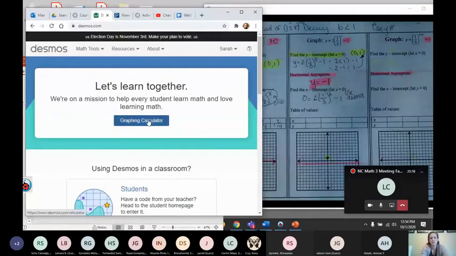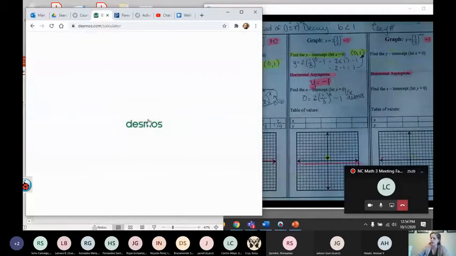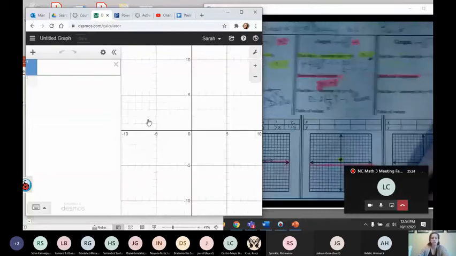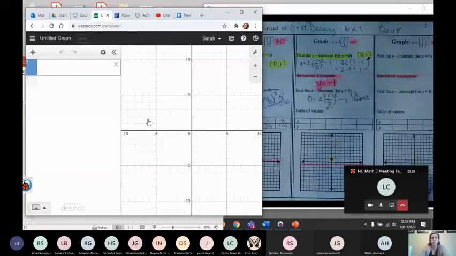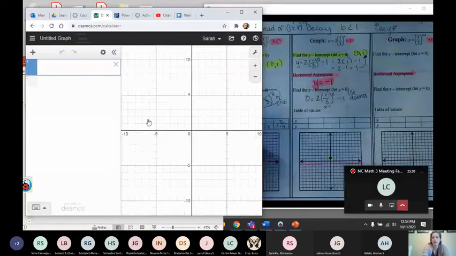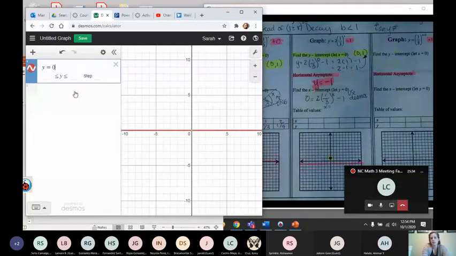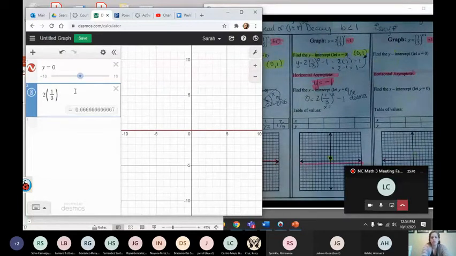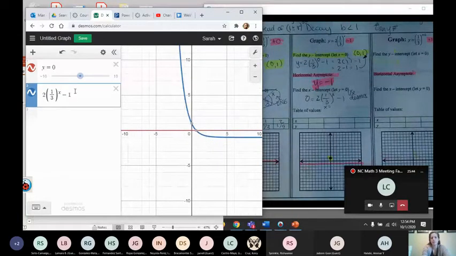Okay, so to figure out what x is equal to, we're going to stick the pieces into Desmos. I'm going to stick the left side in as y equals 0, and the right side in as 2 times 1 over 3 to the x power minus 1.